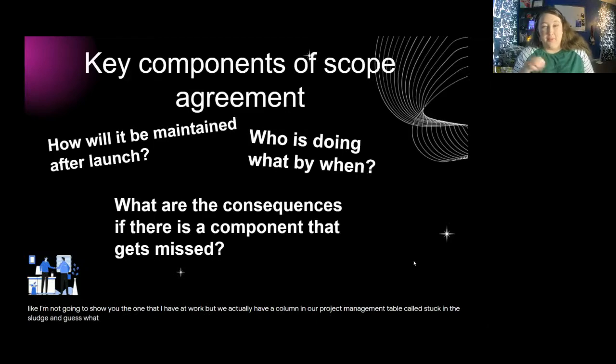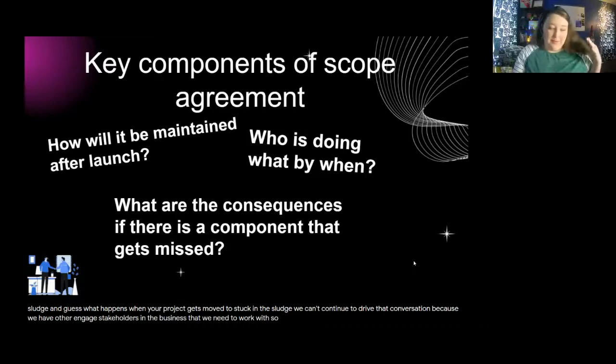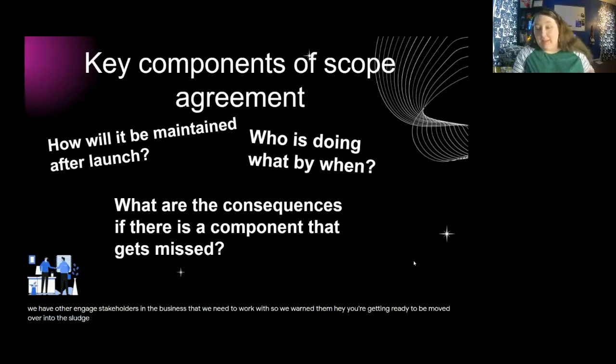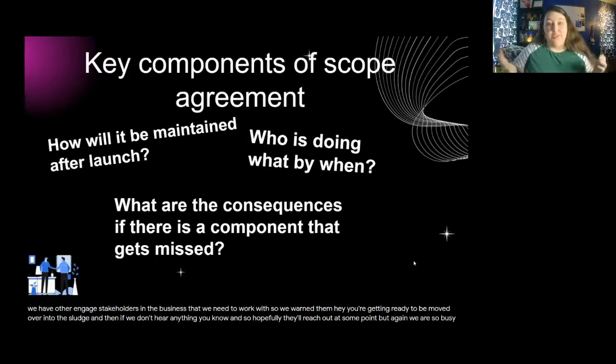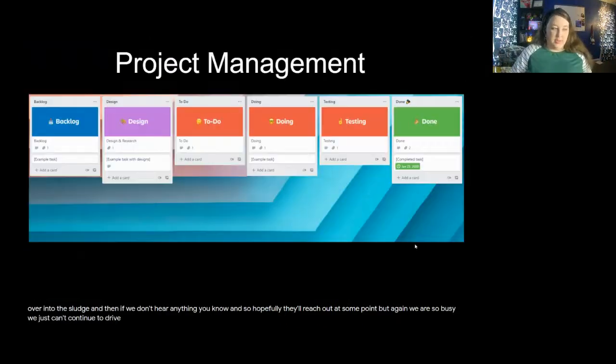And guess what happens when your project gets moved to stuck in the sludge? We can't continue to drive that conversation because we have other engaged stakeholders in the business that we need to work with. So we warn them, hey, you're getting ready to be moved over into the sludge. And then if we don't hear anything, hopefully they'll reach out at some point. But again, we are so busy, we just can't continue to drive that conversation.